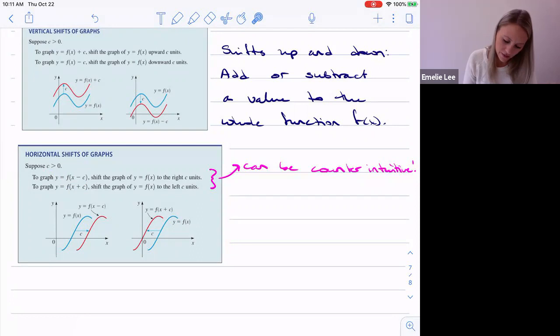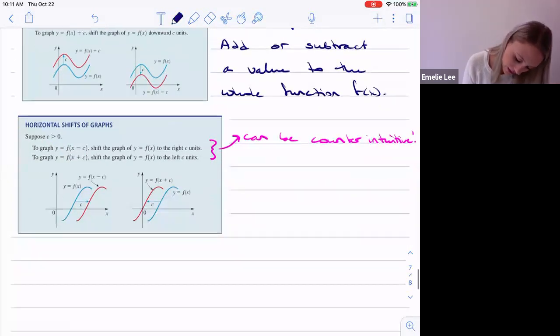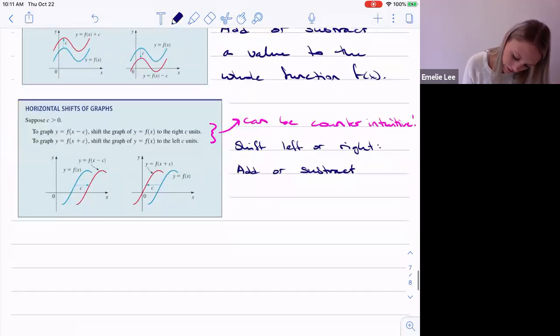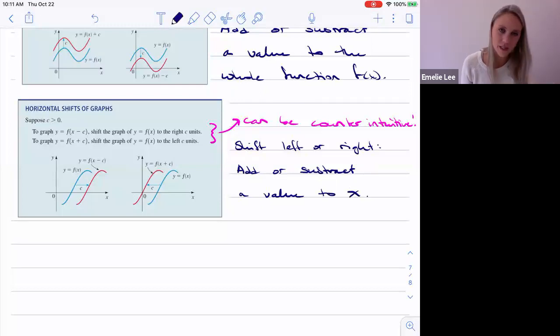So we can shift left or right if we add or subtract a value. I'll say 2x, even though it would be from x if it's subtracting, but that's okay.